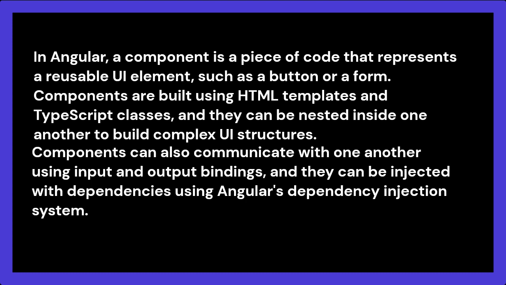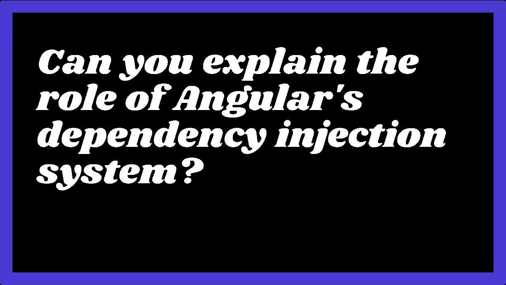Question 3. Can you explain the role of Angular's Dependency Injection system? Angular's Dependency Injection system is used to manage the dependencies between different components and services in an Angular application.